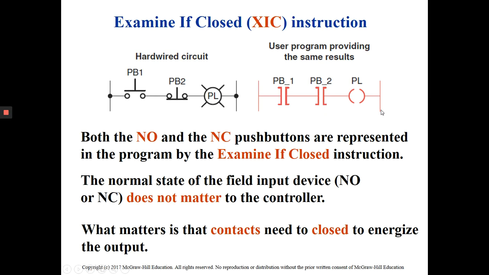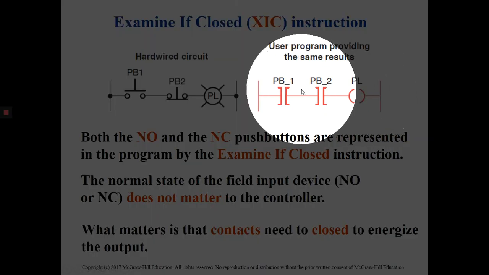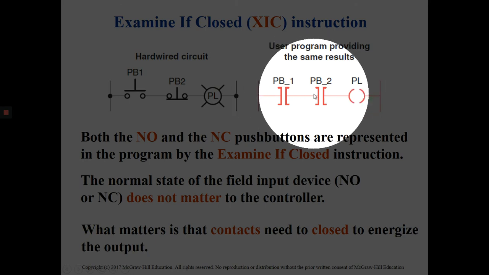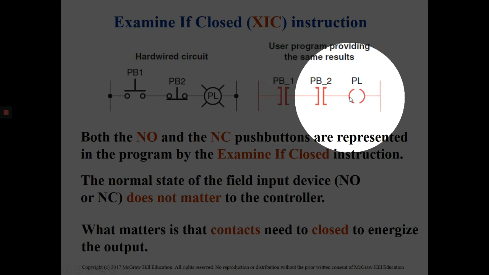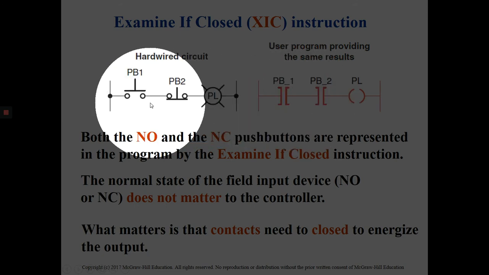If I want this output device to be energized when both push buttons are closed, just use examine if closed. If I want this output to be energized when the push button is open, use examine if open. Don't look at the status of this switch here.